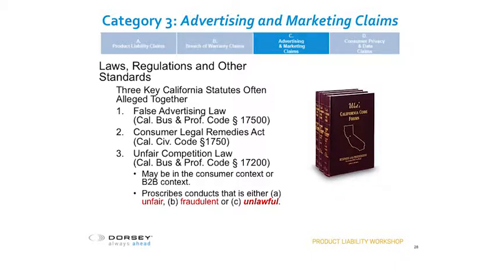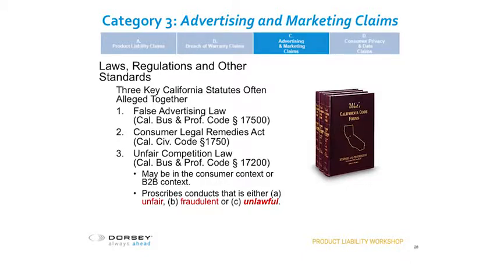So there are 3 California statutes that sort of work together. On the defense side, they're referred to as the unholy trinity of regulations that really focus on protecting consumers from deceptive advertising or sharp business practices, including by those that are selling and distributing product.